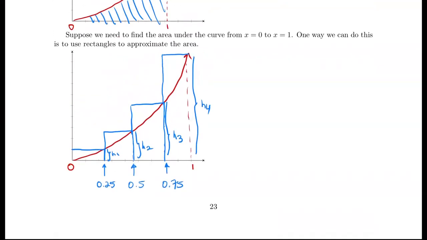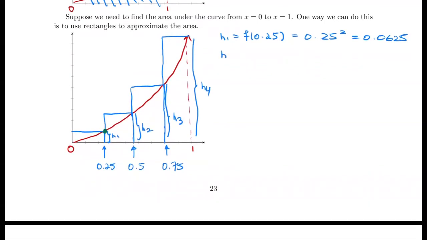So if we want to find h1, we calculate f at 0.25, which is at this point over here. Putting it into x squared, that'd be 0.25 squared, which is 0.0625. Right, so that's the first height.